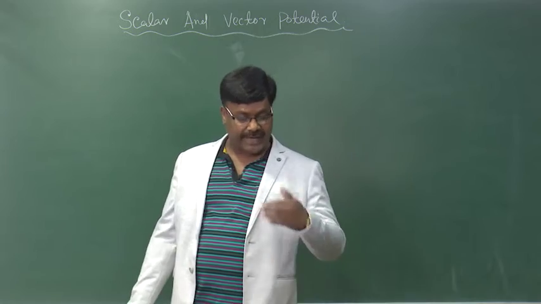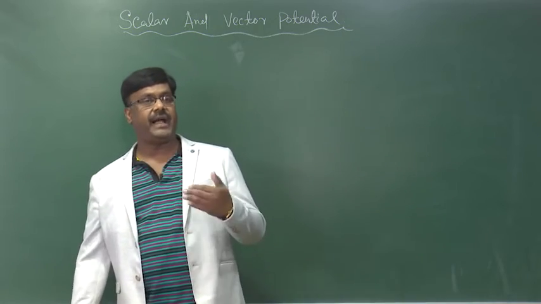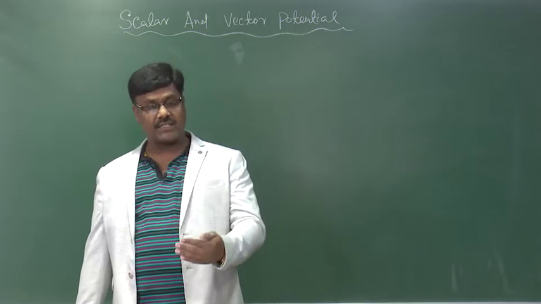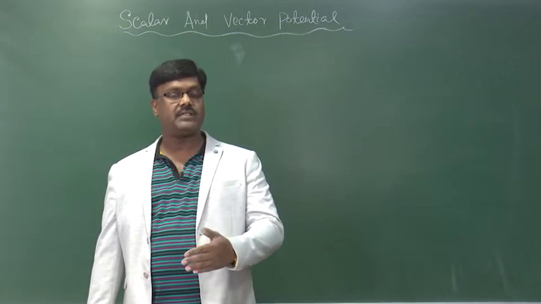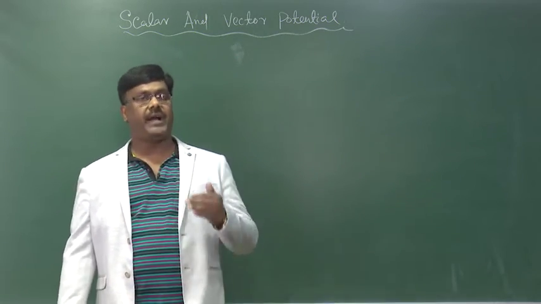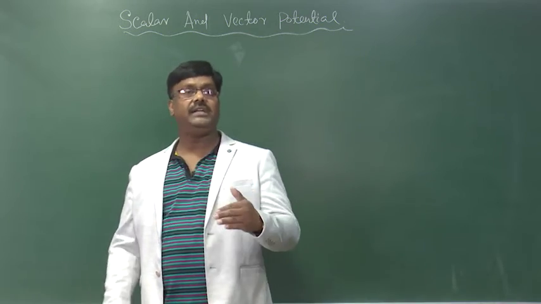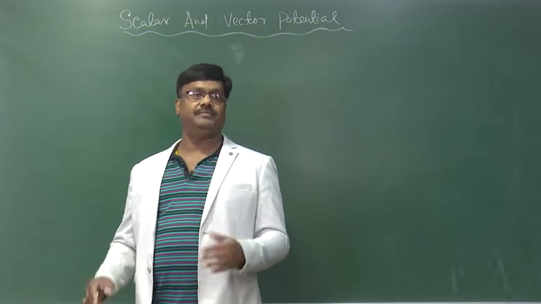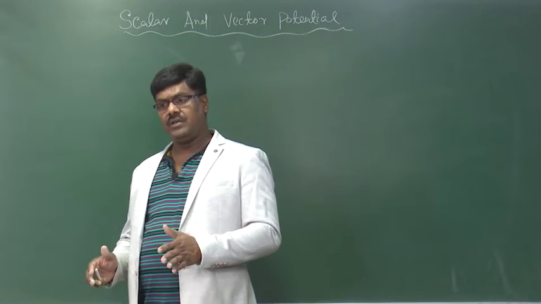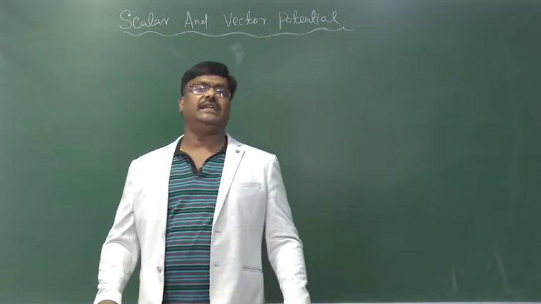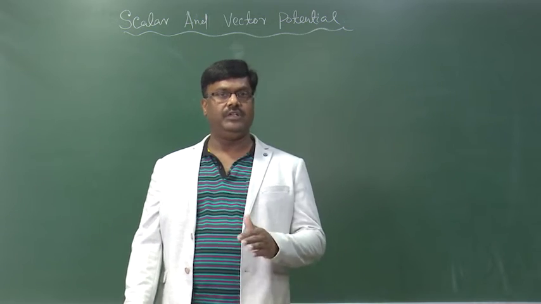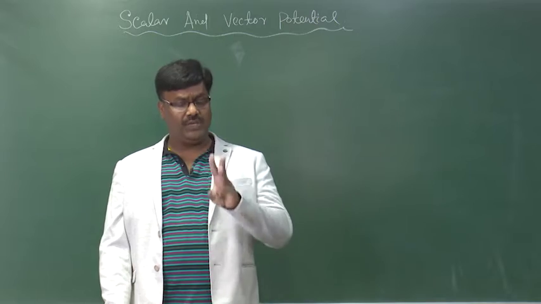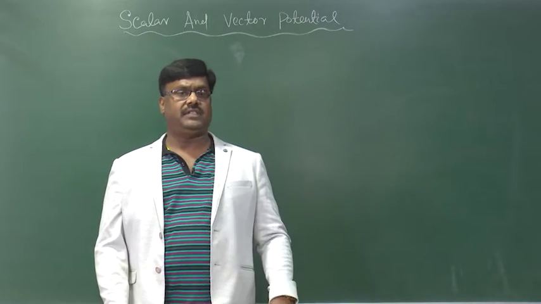To explain in detail the magnetic scalar potential and vector potential, let us first discuss the concept. Why did these two potentials come? Because in case of our electric field, to explain the electric field we require three types.